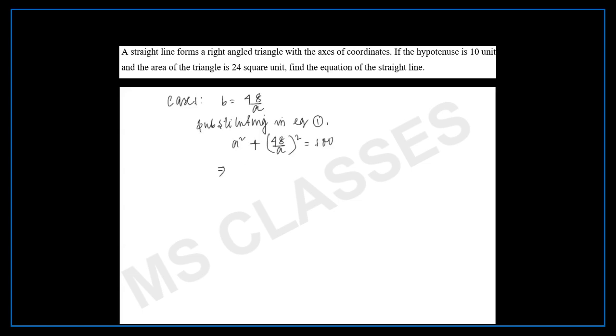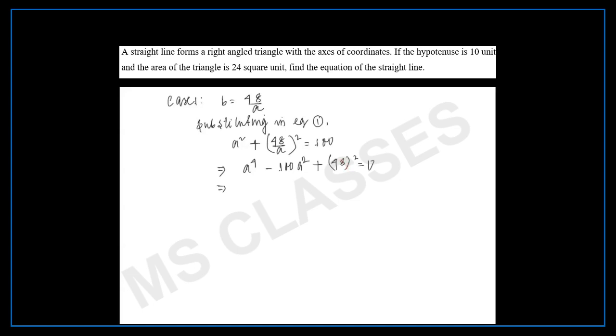Now if we simplify this, it's a to the power of 4 minus 100 a square plus 48 square equal to 0. Now from this we can easily factorize. On splitting, we observe that 48 square is 2304.